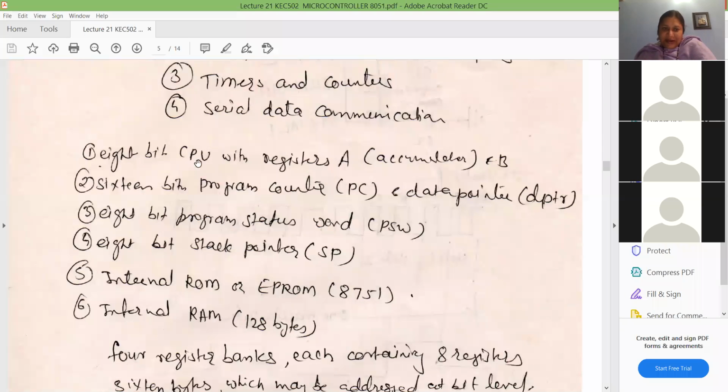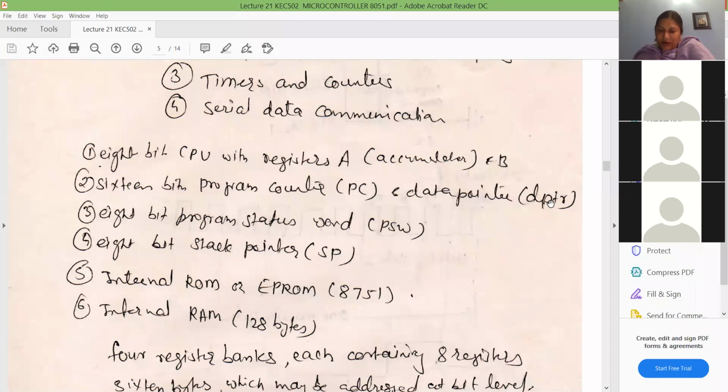Then it is having 8-bit CPU with registers A, that is accumulator, and B register. Then it is having 16-bit program counter, because your address lines are 16 address lines. So 16 address lines, so it should have 16-bit program counter. And you have a 16-bit data pointer also.